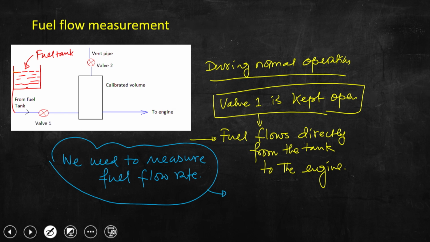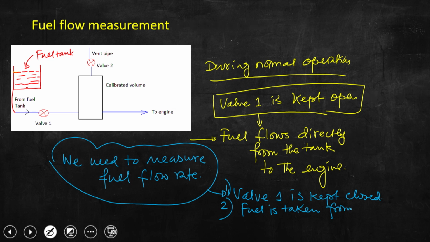Number 1, valve 1 is kept closed. Number 2, fuel is taken from the calibrated volume to the engine.